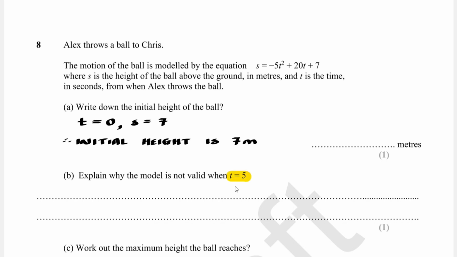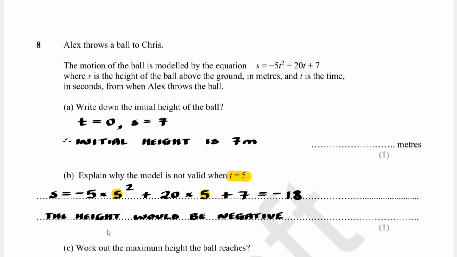Well, when t equals 5, s is equal to negative 5 multiplied by 5 squared plus 20 times 5 plus 7. And if I work this out, I get negative 18, meaning the height would be negative, which is why the model is not valid when t equals 5.